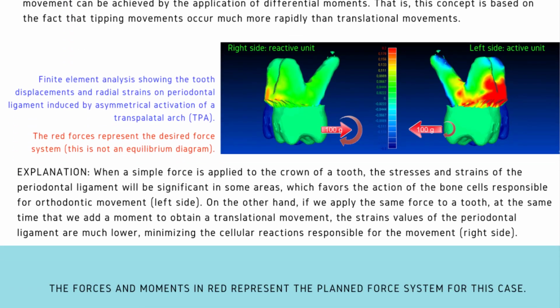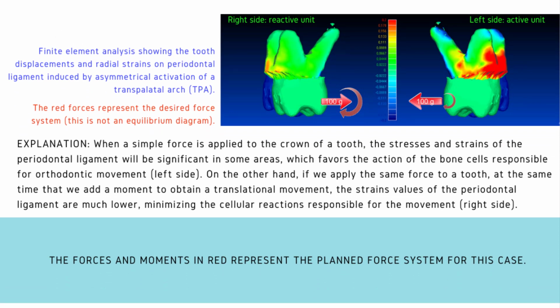When a simple force is applied to the crown of a tooth, the stresses and strains on the periodontal ligament will be significant in some areas, which favors the action of bone cells responsible for orthodontic movement, the left side in this picture.